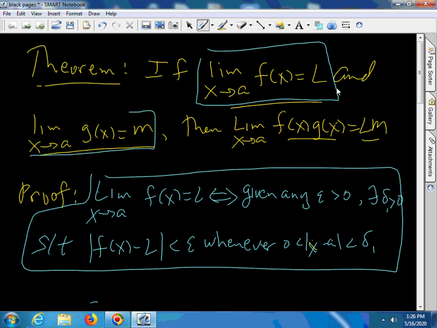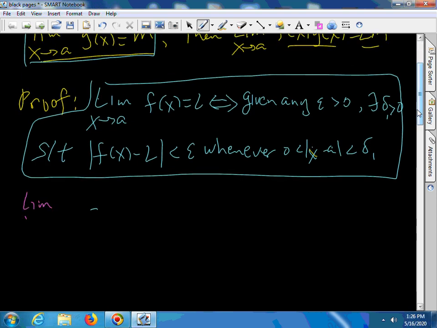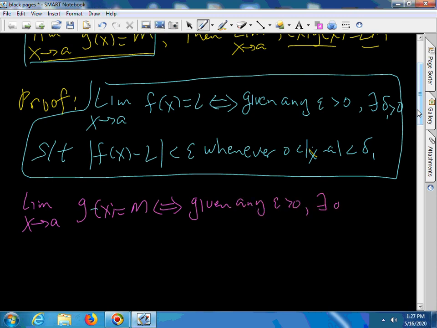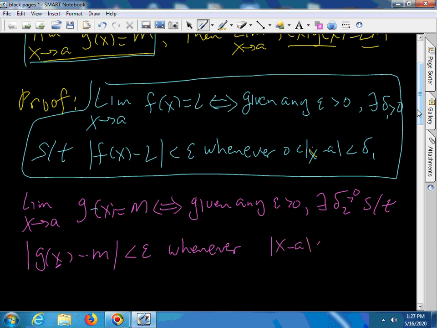Now, what does this mean? The limit as x goes to a of g of x equals M means, given any epsilon greater than 0, there exists a delta 2 greater than 0 such that the difference between the function and the limit is less than epsilon whenever the absolute value of x minus a is less than delta 2 and positive.